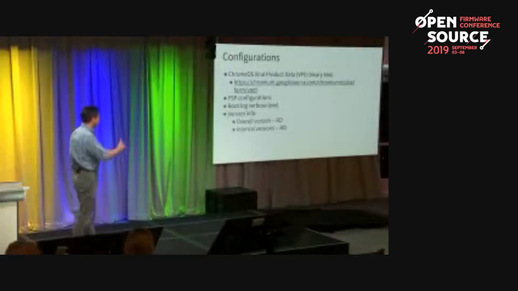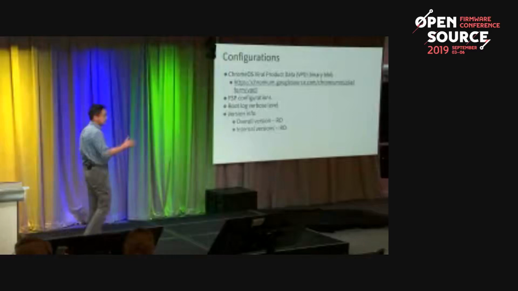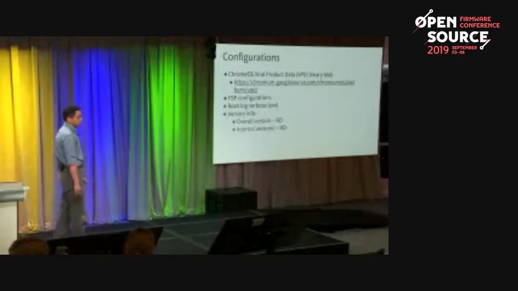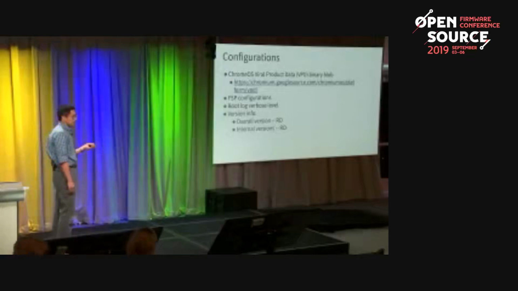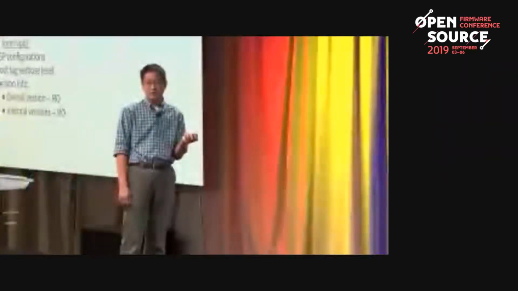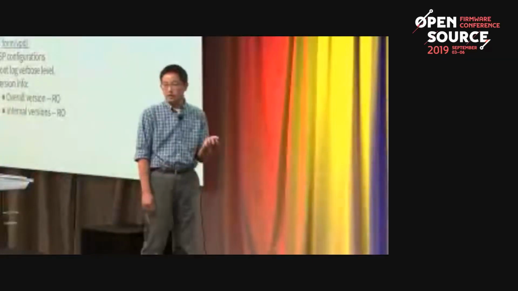So internal versions could be pretty long. It would have like 20 to 30 different components. You get an exact picture of how this image is built. Another cool thing about VPD is it has two partitions. One is a read-only partition, another is a read-write partition. With the read-only partition, once the server is shipped and gets to the user's hand, the read-only partition is locked. The user cannot change it.